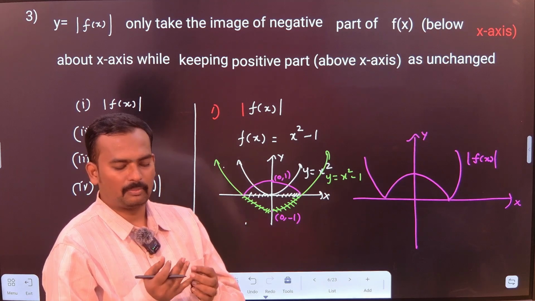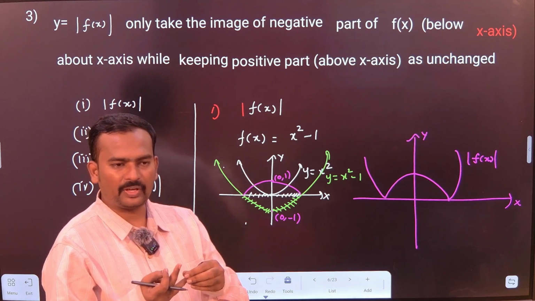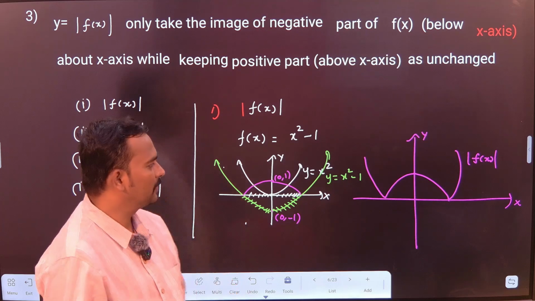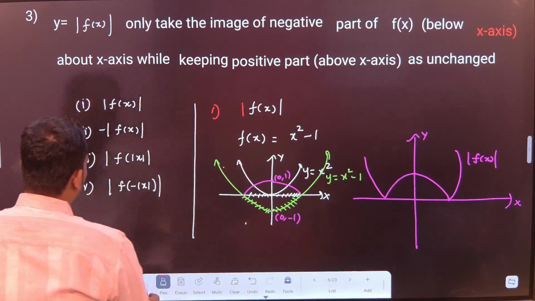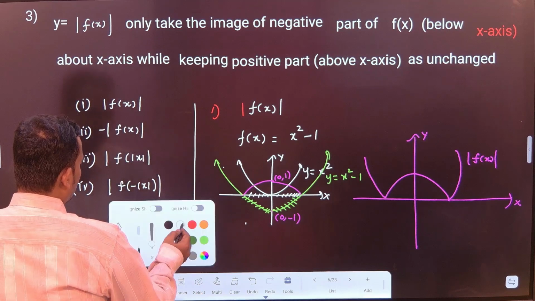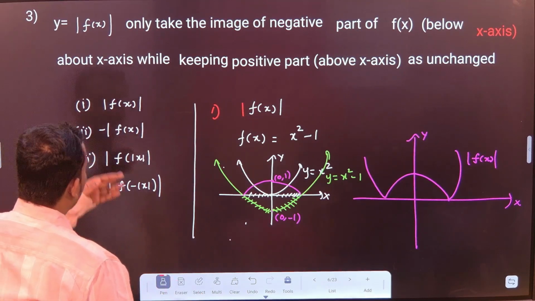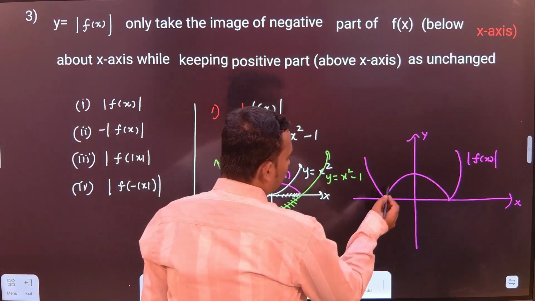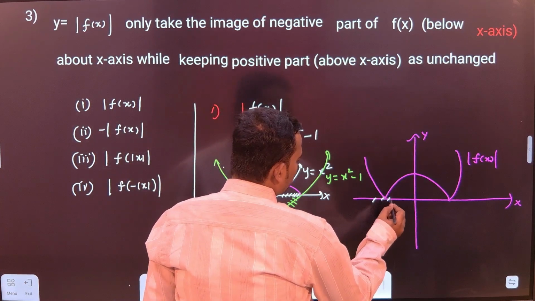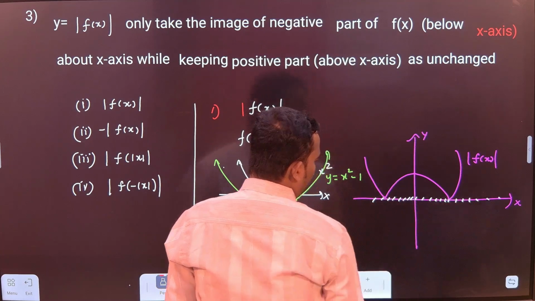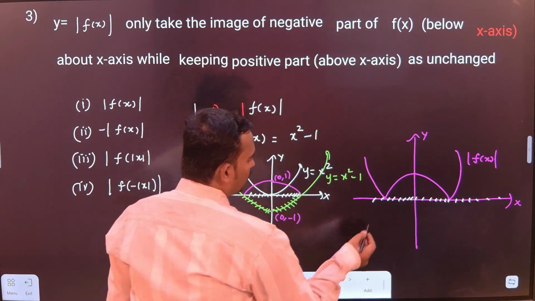But when f of x changes to minus f of x, you take the x axis as the mirror. So how to draw the graph of minus f of x? You can use the same idea. Whatever the mod f of x graph is, you can take the x axis as the mirror.